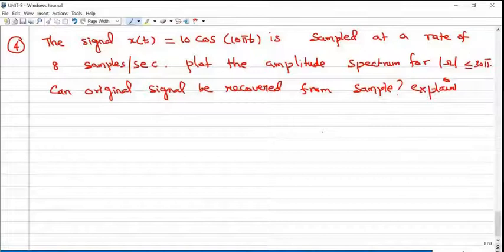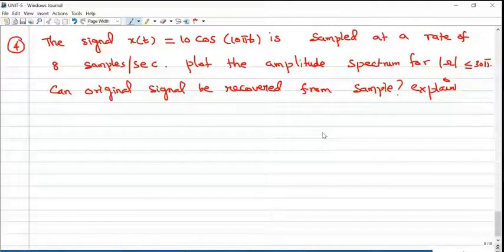What are the questions? In the first 3 problems, we found the minimum sampling rate so that signal recovery is possible. Now, in these questions, they have given the sampling rate. We have to conclude from the samples whether the original information can be reconstructed.